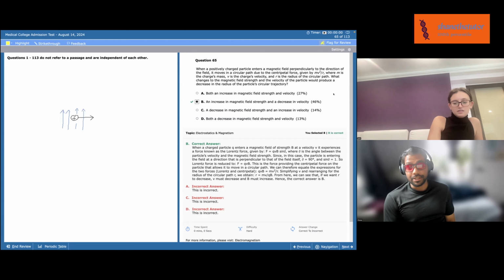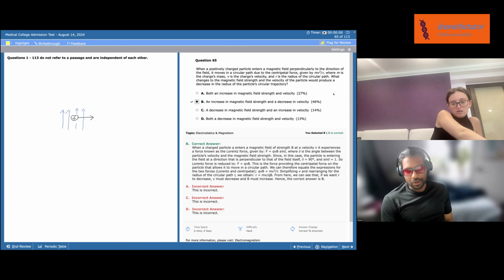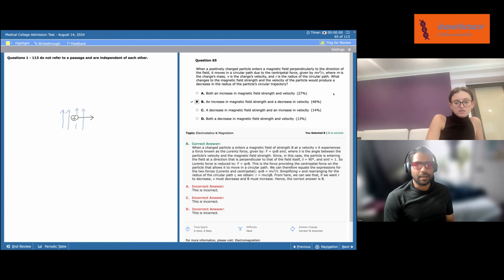In electromagnetism, it is true that magnetic force is a consequence of an electric force. You essentially get a magnetic field if you have a moving charge. So sometimes there will be an electric field involved, but the magnetic field itself is not going to deal with a charge in that way.